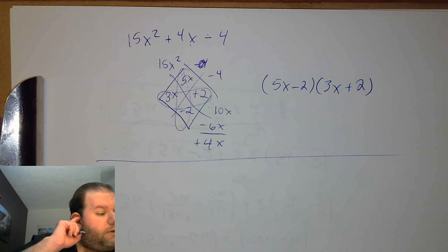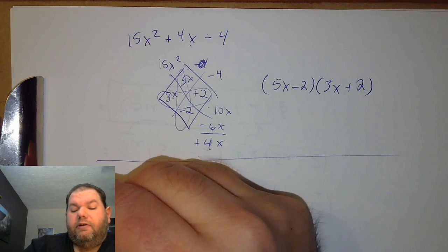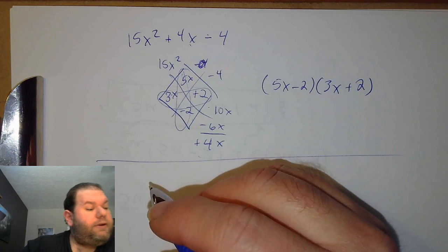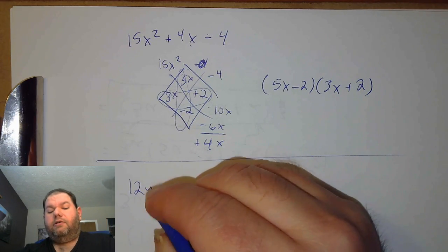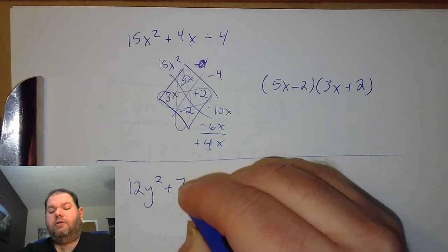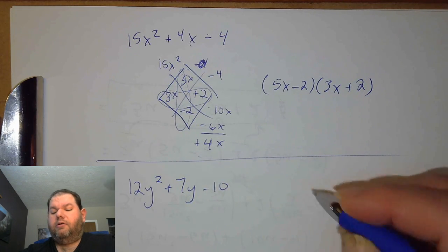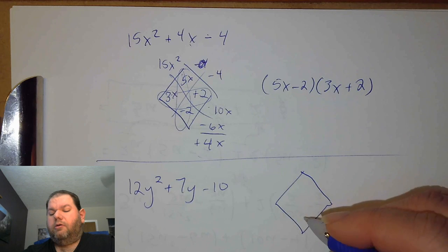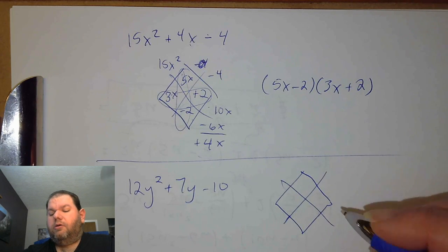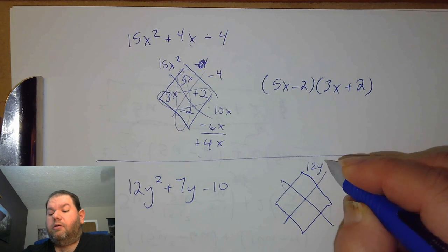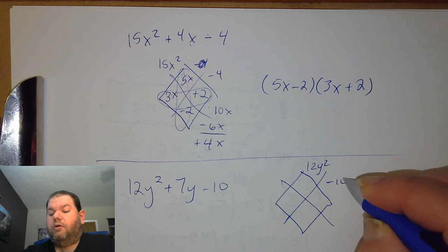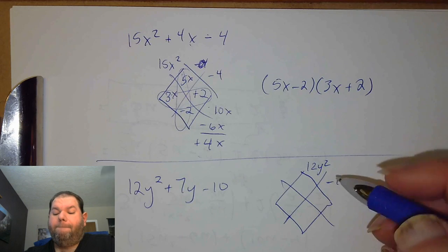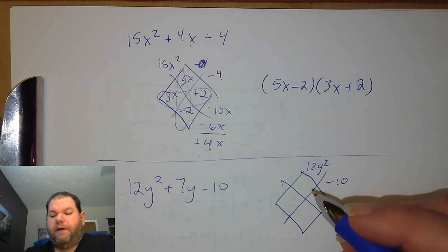So just to look at a different example, 36. We have 12y squared plus 7y minus 10. Now 12y squared, we think of the different ways we could factor that.